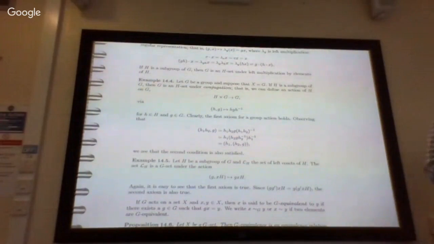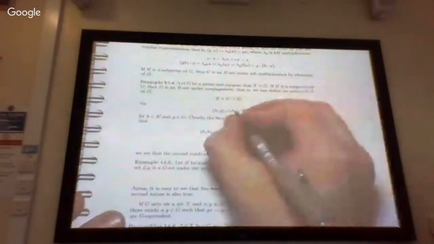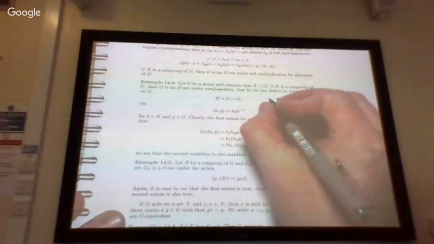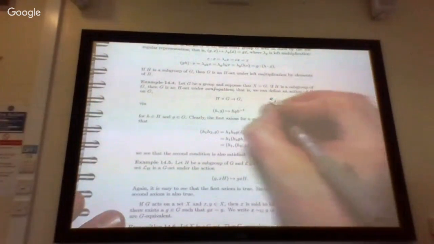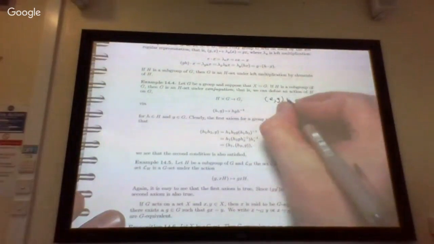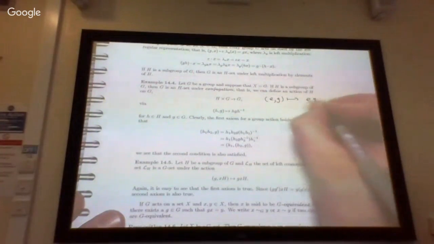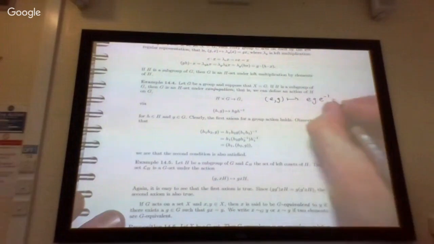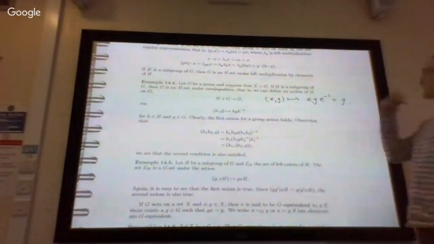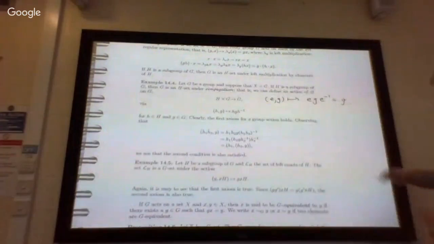Certainly, if you think of taking the identity from H acting on g, that's going to be sent to e g e inverse, which of course will be equal to g, because e is the identity.